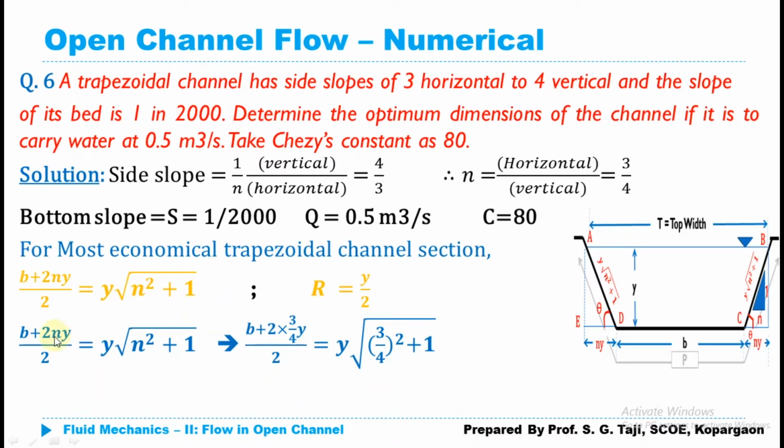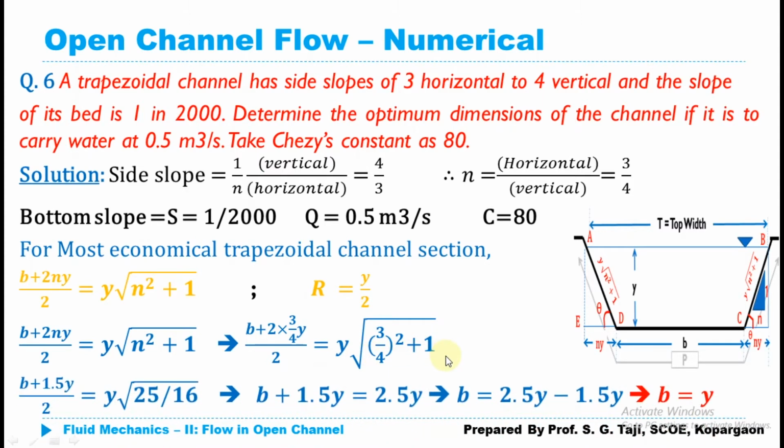So by using this condition, we are going to compute the dimensions for the most economical channel section. By simply putting n equal to 3 by 4 in this equation, we will get all those values in terms of B and Y. So (B plus 2 multiplied by 3 by 4 Y) divided by 2 is equal to Y under root of (3 by 4) square plus 1.